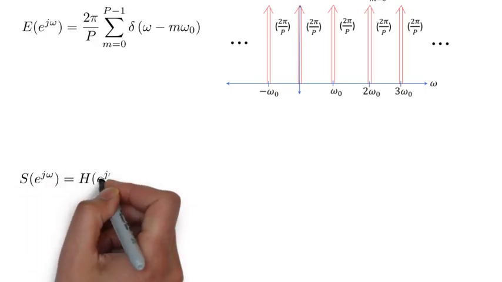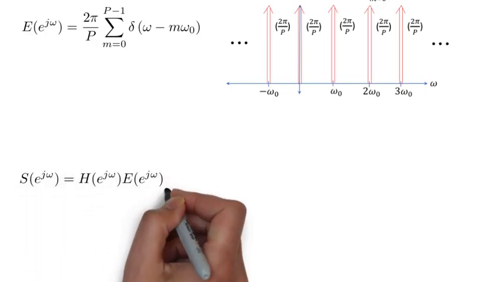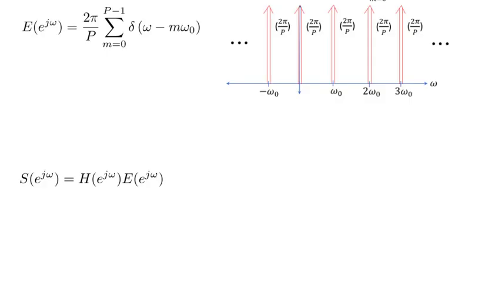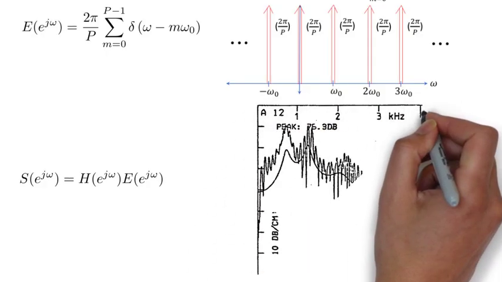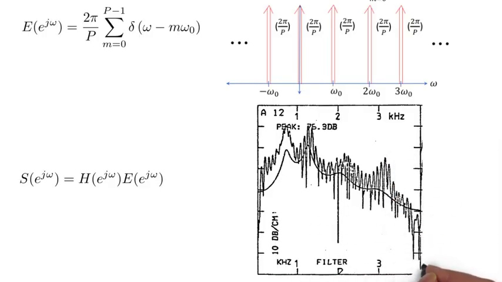So the speech signal that you hear is H of e to the j omega times E of e to the j omega. And here's a picture of that. Again, this is from the paper A Four-Parameter Model of Glottal Flow by Fant, Liljencrants, and Lin in 1985. You can see that the excitation here are all of the very fine ripples.